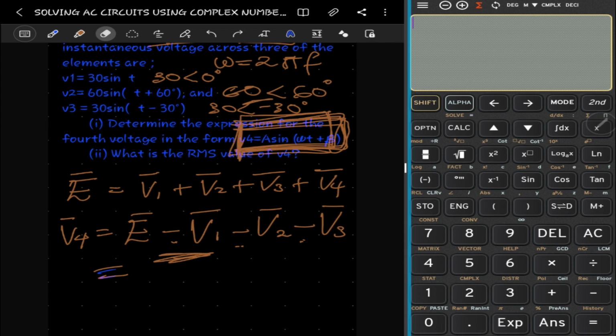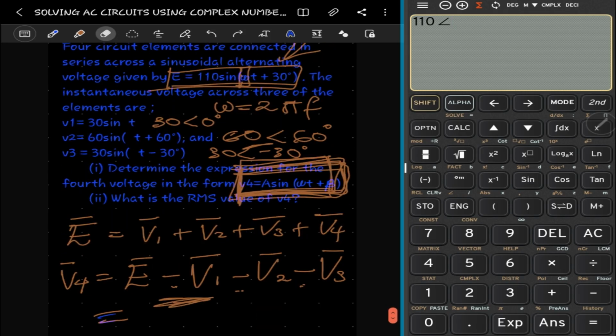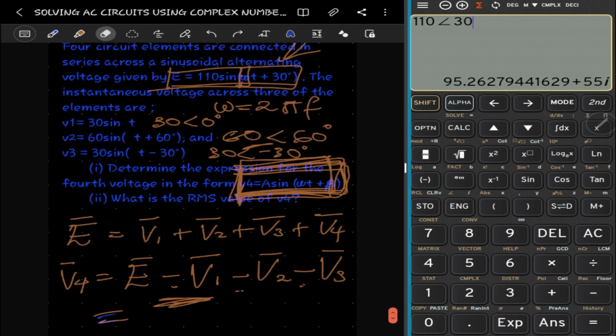Okay, so that's 110 this angle, and we have 30. And you have minus 30 angle 0, and then we have 60 angle 60, and we have 30 angle minus 30, and that's what it gives us.